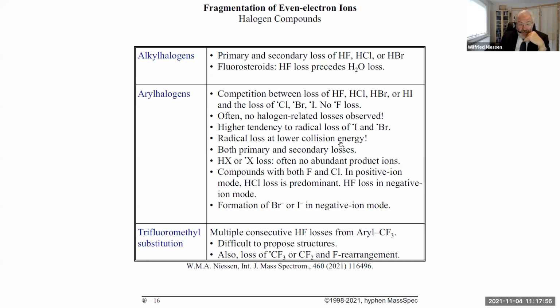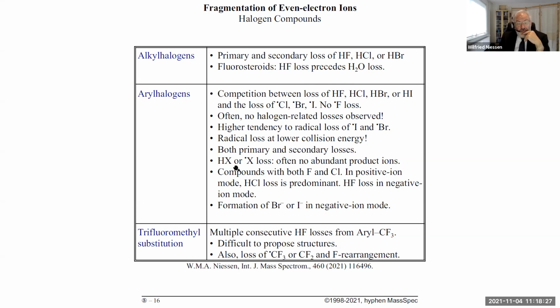These losses, both the molecules and the radicals, can be either primary or secondary losses. The product ions which you see are generally not very abundant. They are there, but not the major peaks in the spectrum. This whole story holds for both positive and negative ion mode.